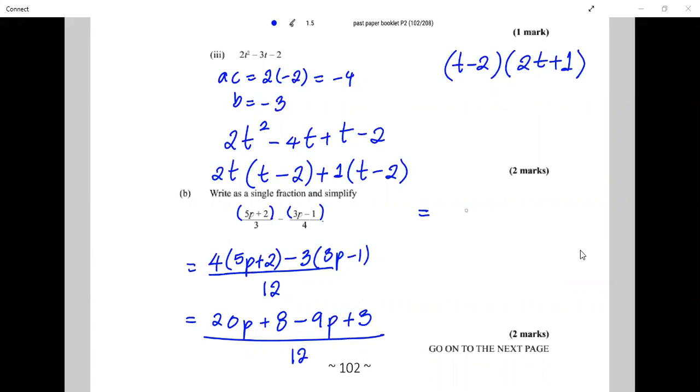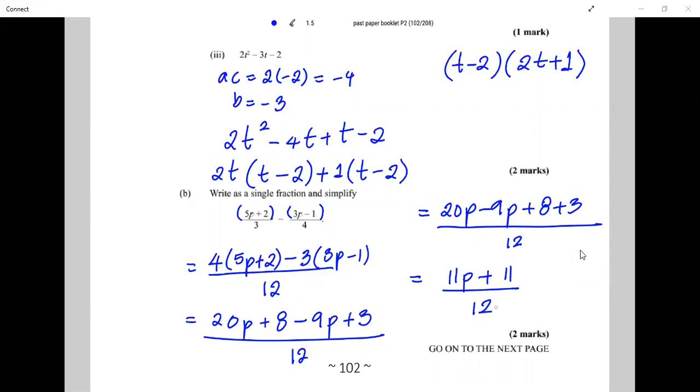So that is 20p minus 9p plus 8 plus 3 and this is over 12. Our final answer is 11p plus 11 over 12. All right, next.